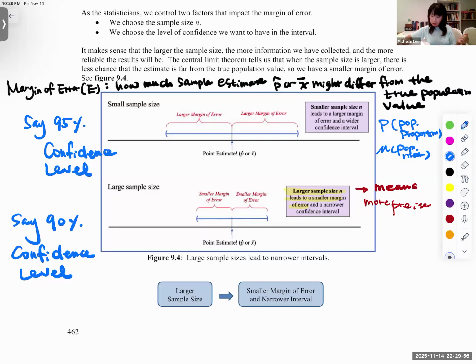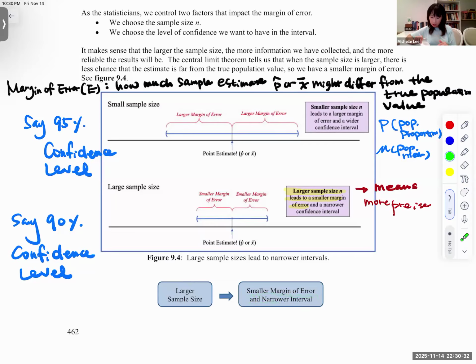Okay, so to summarize: larger sample size, smaller margin of error, because we don't need that much margin of error to estimate the true population value. So a smaller margin of error makes a narrower interval.